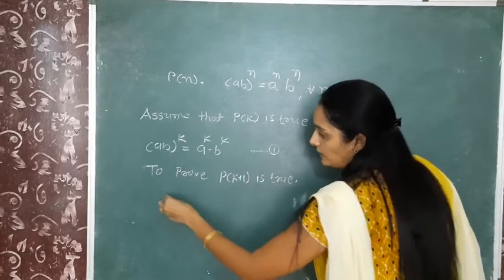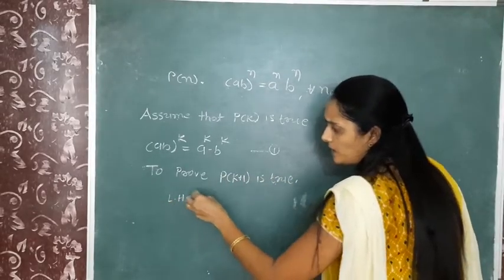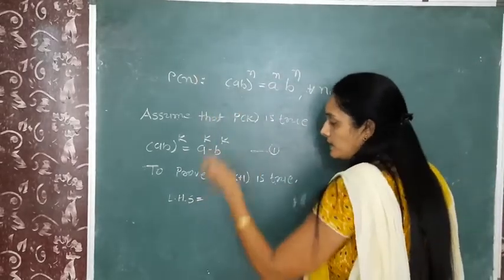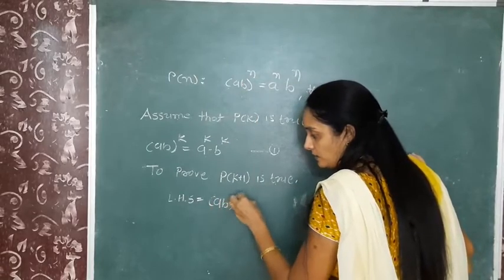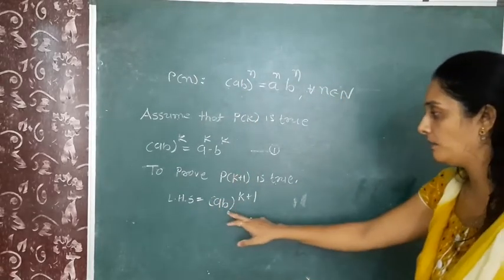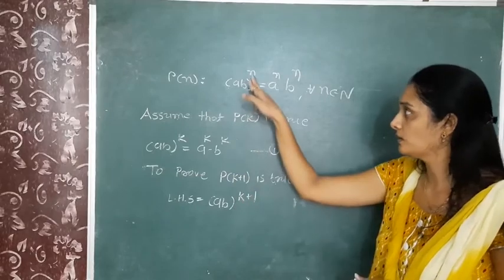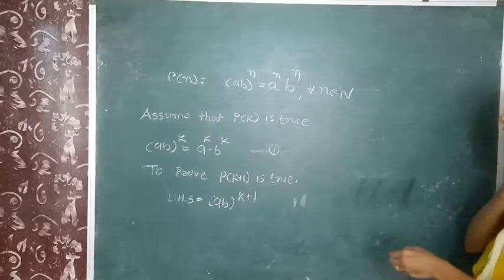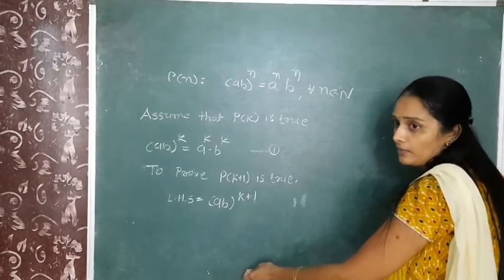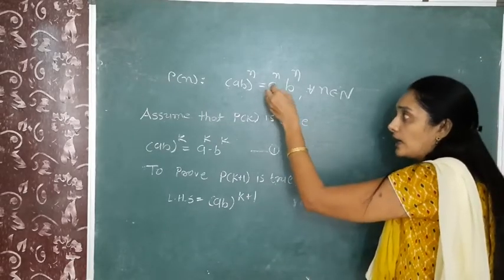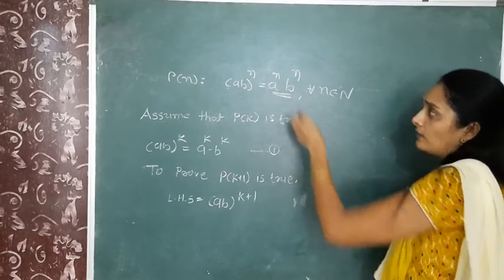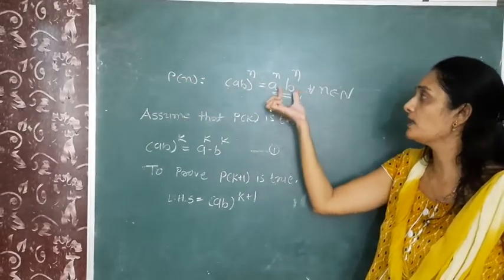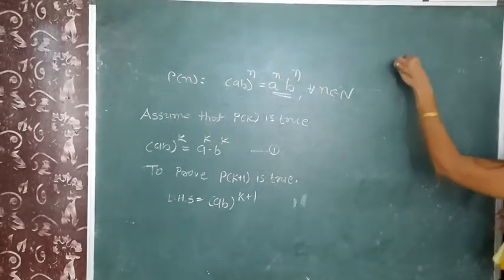We take left side. So how we can write left side? In statement Pn, we can replace n by k plus 1. So left hand side is AB whole raised to k plus 1. Okay. Now expanding it, what we get? આને expand કરીને શું આન્સર આવે તો આપણે એમ લખી શકાય કે લેફ્ટ હેન્ડ સાઈડ ઇઝ ઇક્વલ્સ ટુ રાઈટ હેન્ડ સાઈડ. તો ફર્સ્ટ આપણે ડિસાઈડ કરી લેવાનું ને એ ડિસાઈડ કરવા માટે જે સ્ટેટમેન્ટ આપેલું હોય એની રાઈટ સાઈડમાં જ્યાં જ્યાં n દેખાય એની જગ્યાએ k plus 1 રિપ્લેસ કરવાનો.